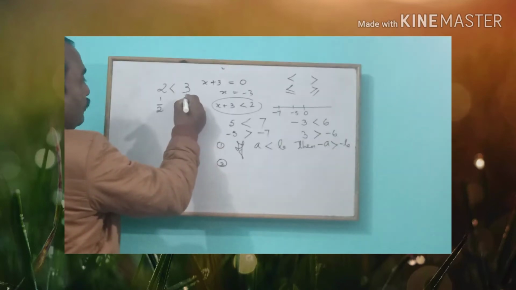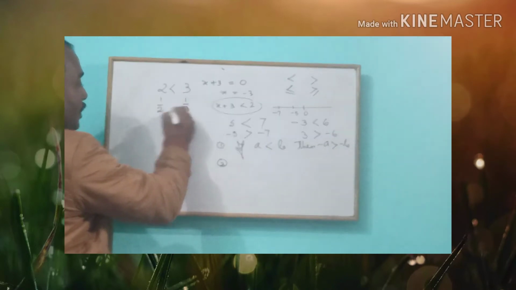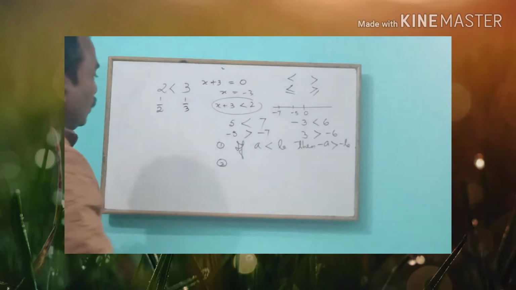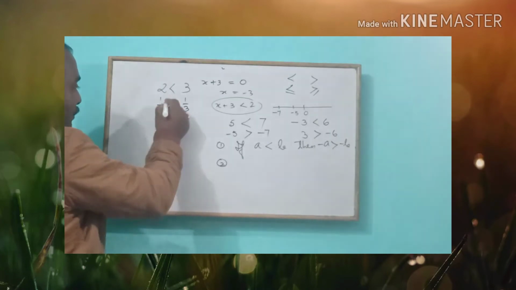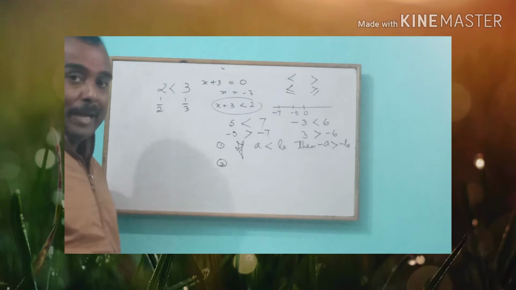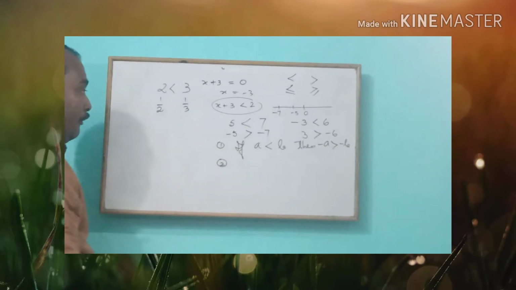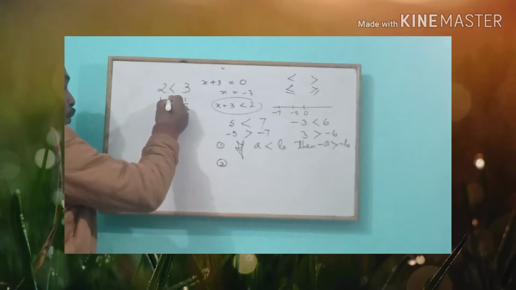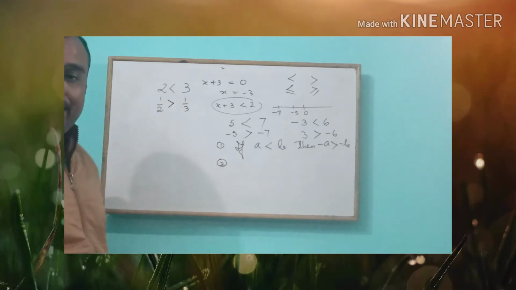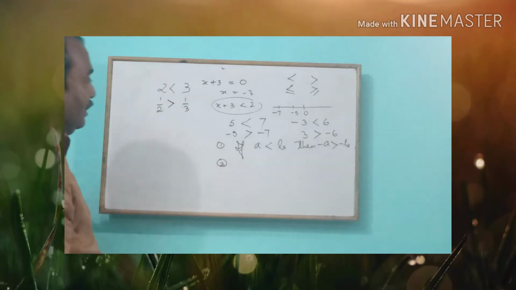And on this side the reciprocal of 3 is 1 by 3. If I compare the fractions according to the rule of fractions, obviously 1 by 2 will be more than 1 by 3.